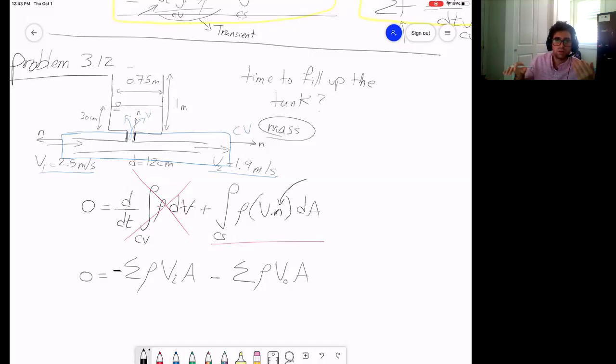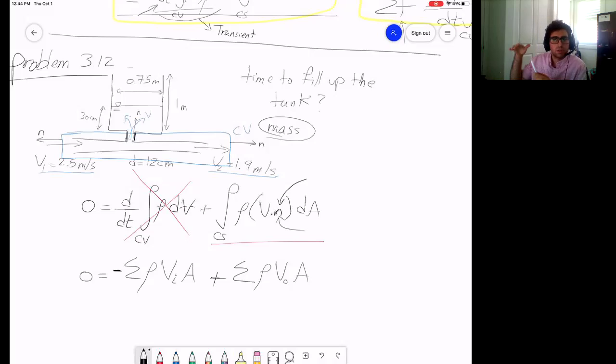Okay, and what about the outlets? The velocity of the outlet is in the same direction as the normal vector, exactly. So this one should be positive. Questions? So this normal vector is what makes a term positive or negative.